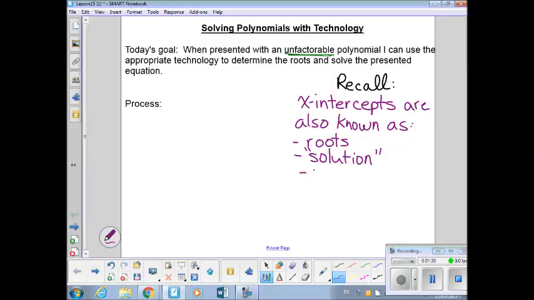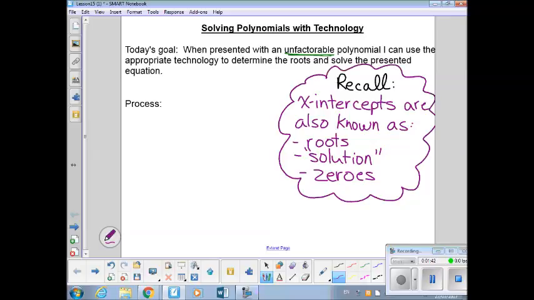They may be called the zeros. All right, and the way we get all of those is by factoring. But as I said, because we're not actually factoring to solve these, I'm not going to put the word factoring there. So let's take a look at the process of how we use Desmos to make this happen.